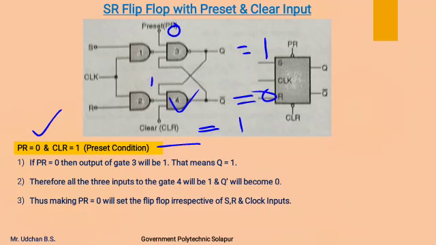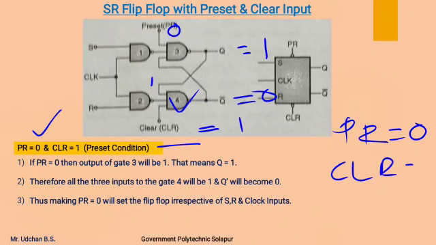Thus making preset 0 will set the flip-flop irrespective of the SR and clock inputs. When preset is 0 and clear is 1, Q will become 1 and Q complement will become 0.